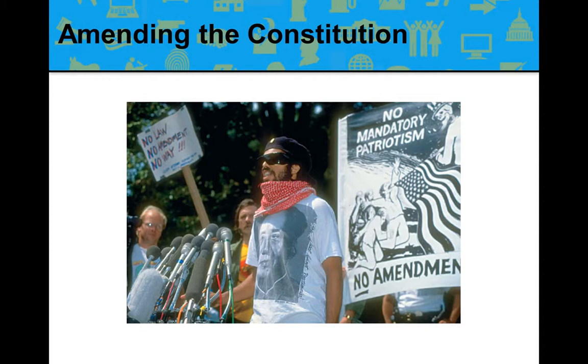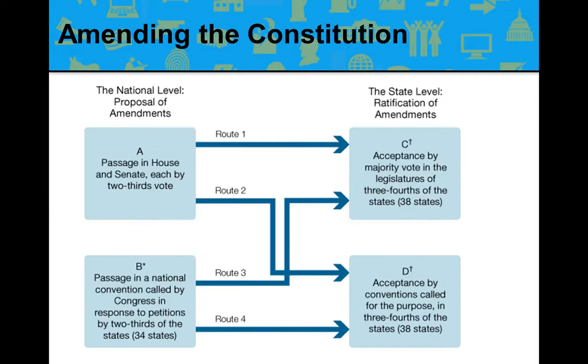All right, let me just show you a few ways that the Constitution can be amended, and then we'll close. Just keep in mind that there's really two ways to propose an amendment and two ways to ratify the amendment, so let's look at box A. If the proposal is made at the national level, then passage in the House and Senate each by 2/3 of vote is required.